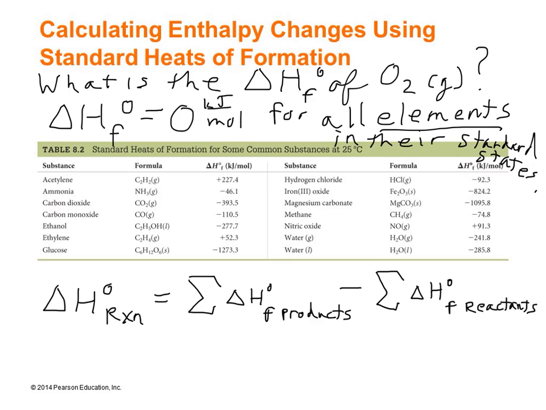It's not true for compounds, right? Water is a liquid naturally at room temperature, but it still has an enthalpy of formation. Why? Because it's not an element. It has to form from elements, right? It has to break bonds of hydrogen and oxygens and reform them. So compounds will never have an enthalpy of formation of 0, but elements in their standard states have an enthalpy of formation of 0.